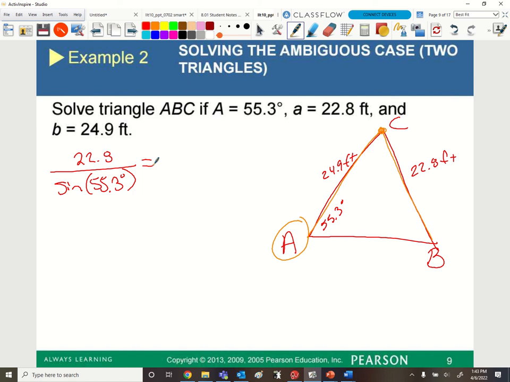Big B, right? I have to solve for big B because big C and little c are both unknown. So I can only solve for big B here. So I'm going to set it up: 24.9 over the sine of big B.